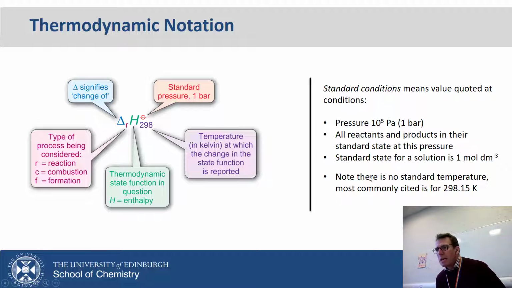They don't include temperature, so therefore we include the temperature of reaction. So you should just get used to this kind of thermodynamic notation. You may often see in textbooks that the r here indicating the chemical reaction type comes after the thermodynamic state function. We tend to put it before more often now because that would otherwise get in the way of the temperature that we're reporting the value at.